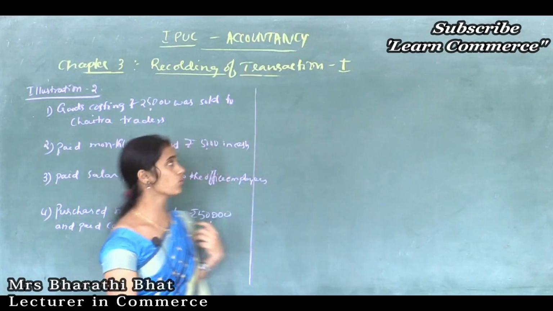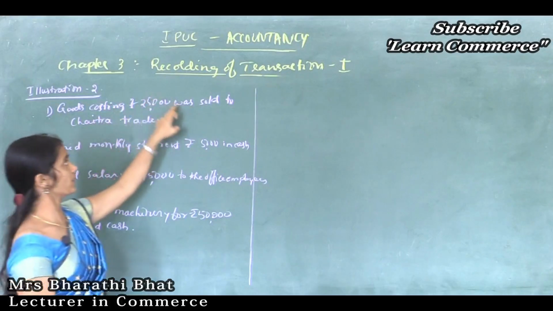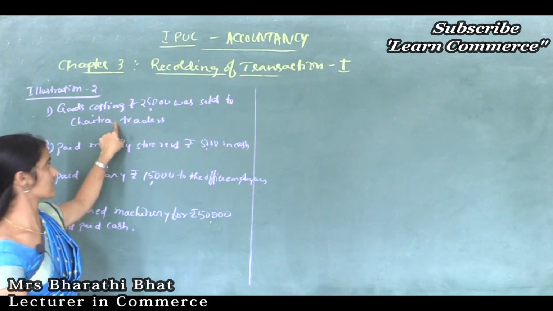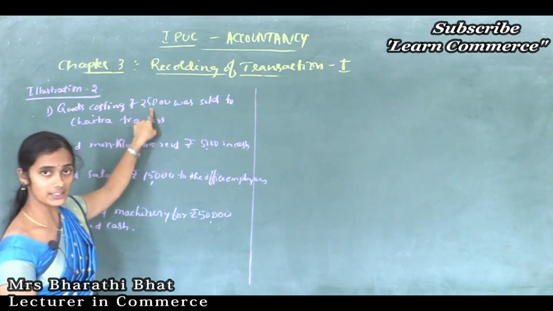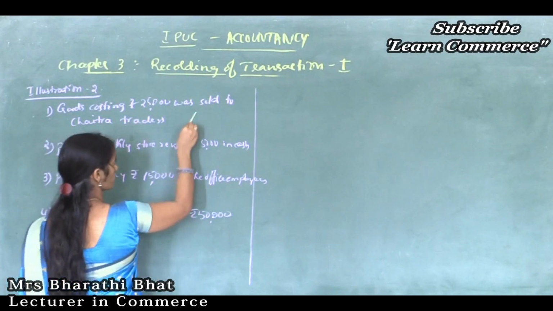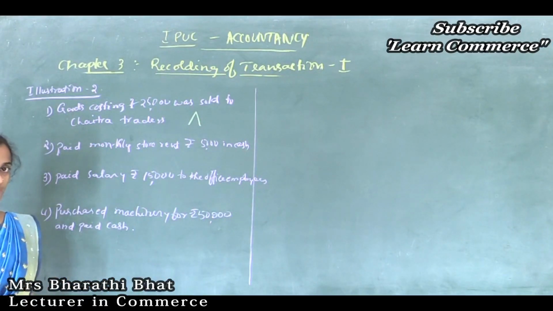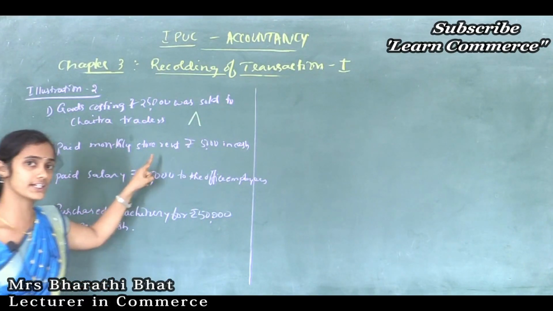So here, goods costing rupees 25,000 were sold to Chaitra for rupees 25,000. What is the first step? We should identify the two accounts. What are the two accounts affected here?